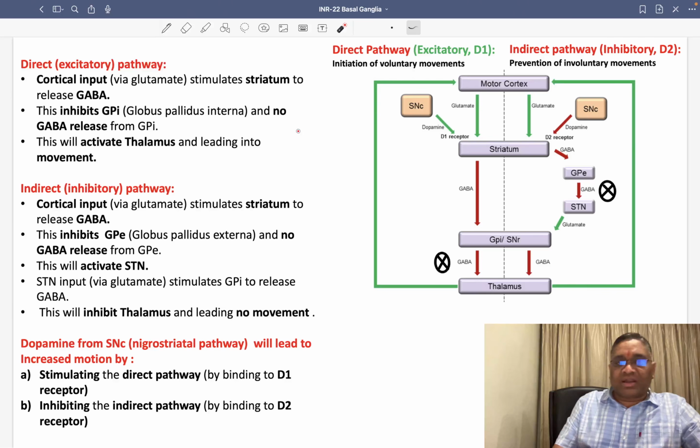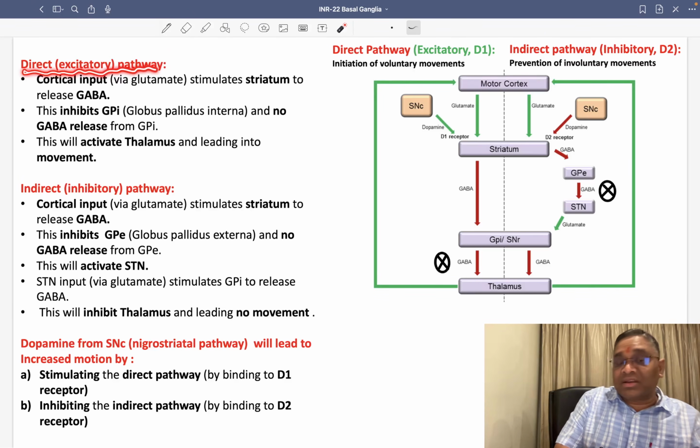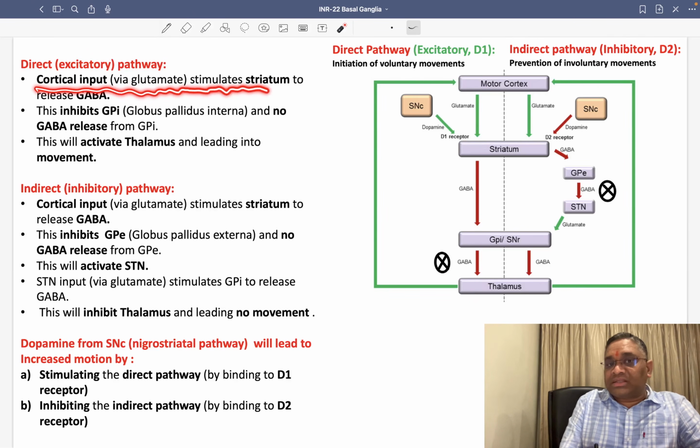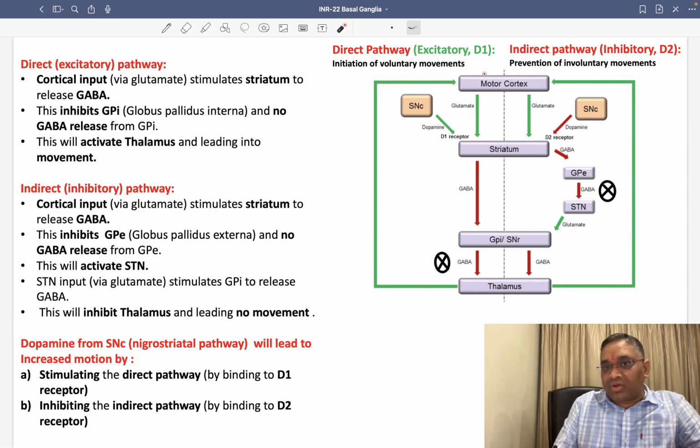So what happens in the direct pathway? One by one we will see. The direct pathway is also called the excitatory pathway because it will increase the movement, right? What happens here? Cortical input via glutamate will stimulate the striatum, and when the striatum is stimulated it will release GABA. Now you can see here it's the motor cortex.